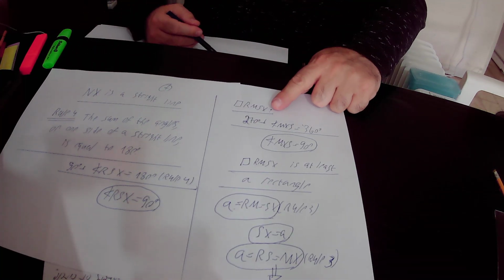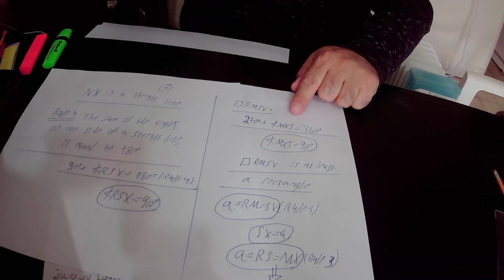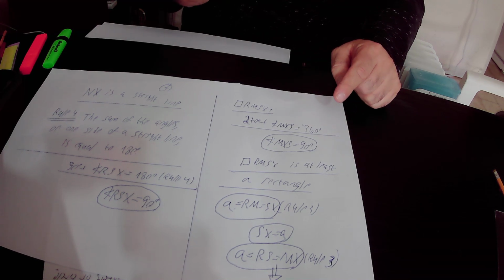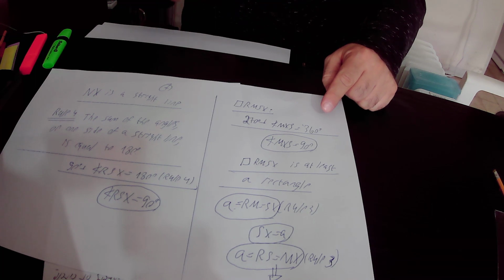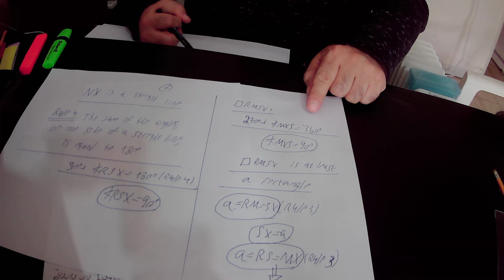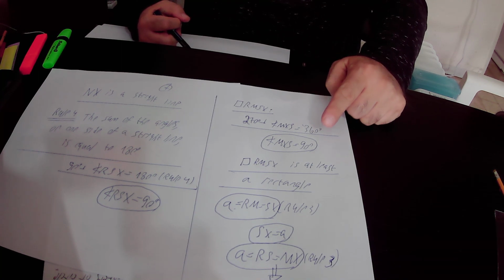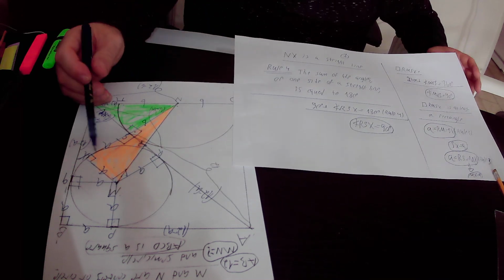Again, the sum of 3 right angles, that is 270 degrees, plus the size of the fourth angle must be equal to 360 degrees, according to the rule that the sum of the angles in any quadrilateral is equal to 360 degrees. We subtracted 270 degrees from this equation, and we got that the size of angle MXS is 90 degrees. So this angle is a right angle.